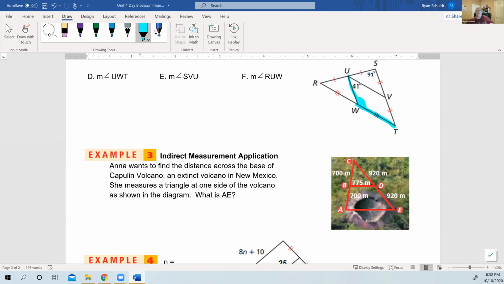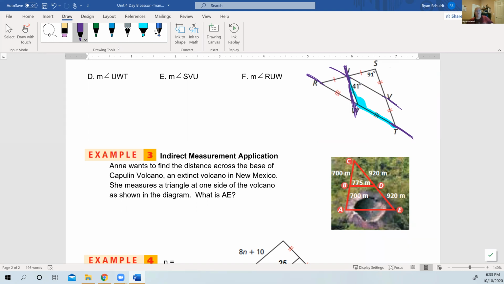Now, you may be looking at that like, how do I know what UWT is? Well, let's think about this for a second. I know that the midsegments here are parallel to my other sides. So if I draw these out, how does that 41 that they give me next to it relate to the one I want?